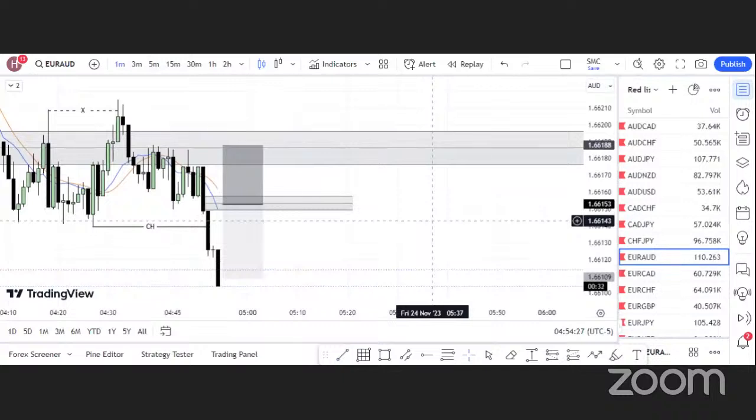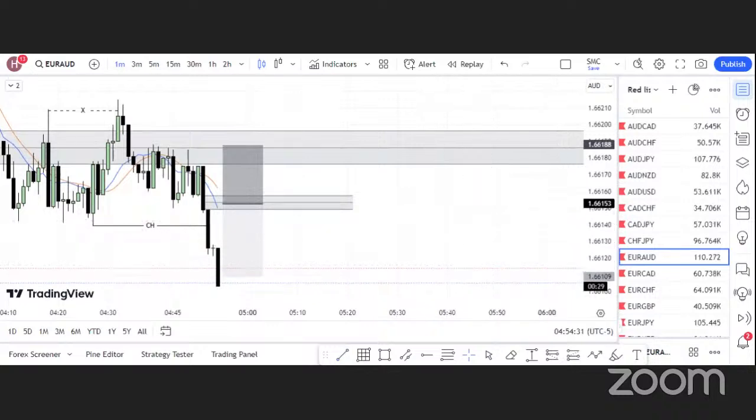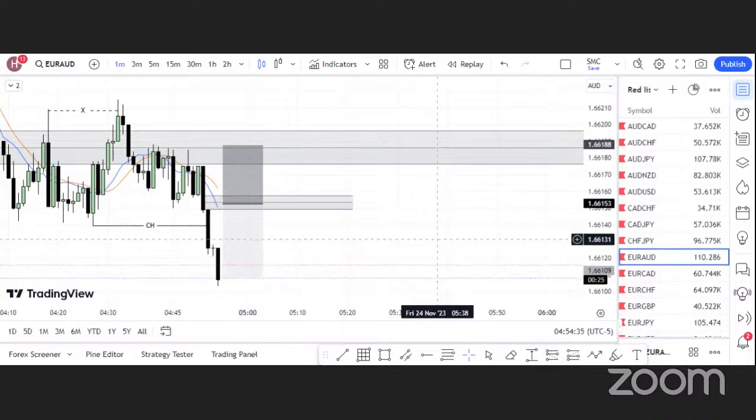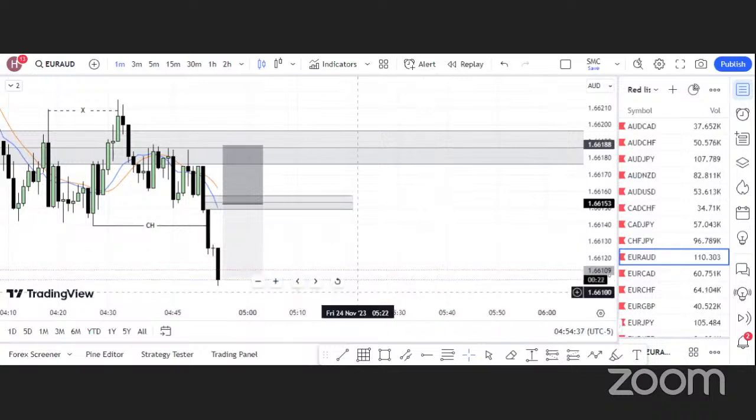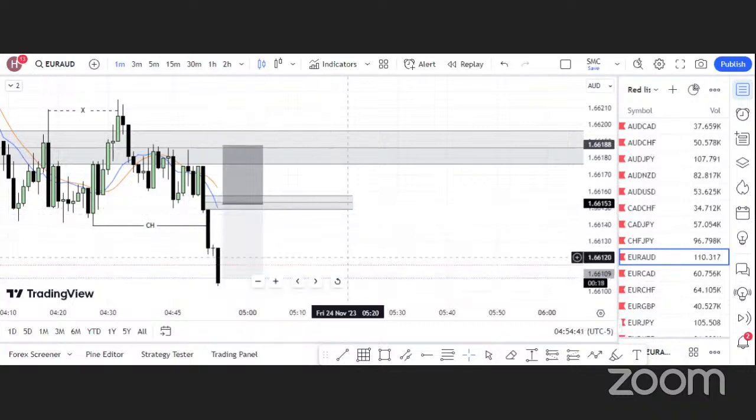Okay, so that didn't go as we expected. The market continued to trade to the downside, but let's just wait to the end of this current candle. Let's see if it's going to have a change of mind and come back here.